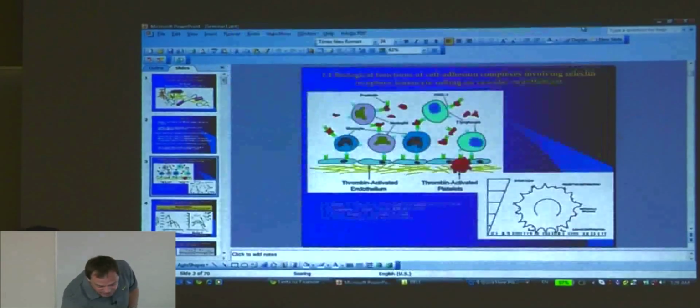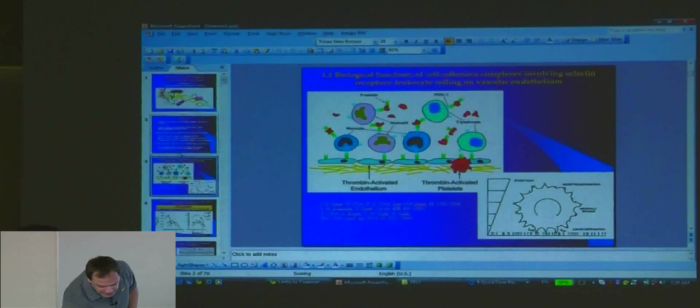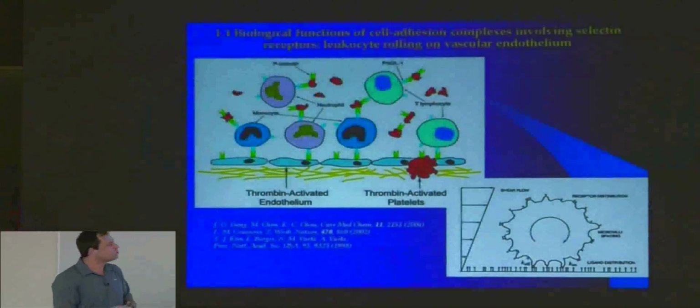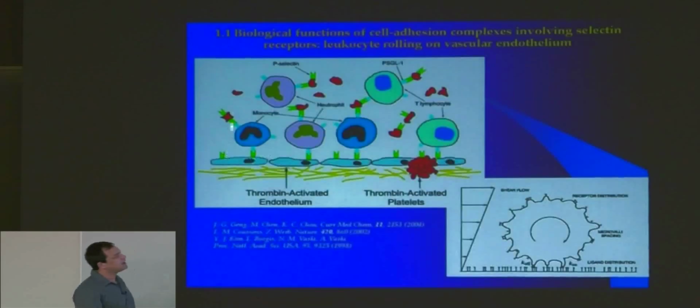Like I said, this is a cartoon of blood flow. If we were to go back to the in vivo description, these are the blood cells, and this is the endothelium. These are the surface of our blood vessels. On that endothelium, we have P-selectin receptors expressed.